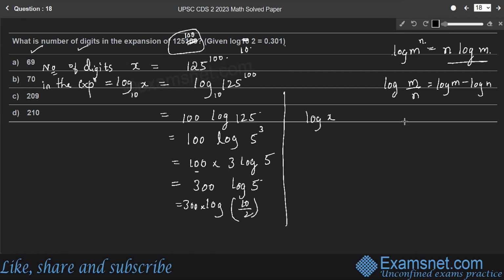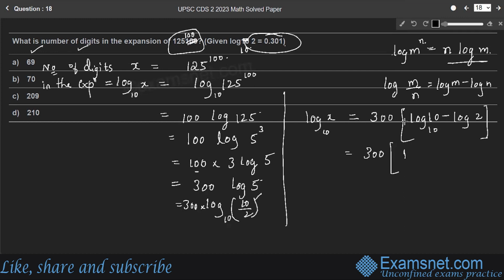So apply the same rule here. Log x to the base 10, the number of digits in the expansion, is equal to 300 into, so log m by n, which is log m minus log n. So log 10 minus log 2, right? So here log 2 value is given, right? Therefore it is 300 into, since log 10 to the base 10 is 1, minus log 2 value which is already given, 0.301.